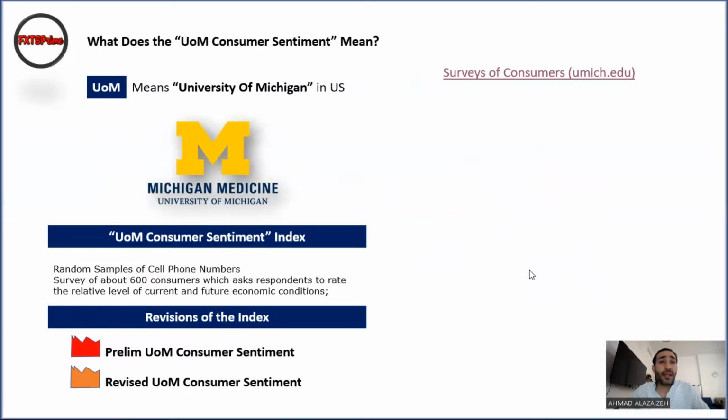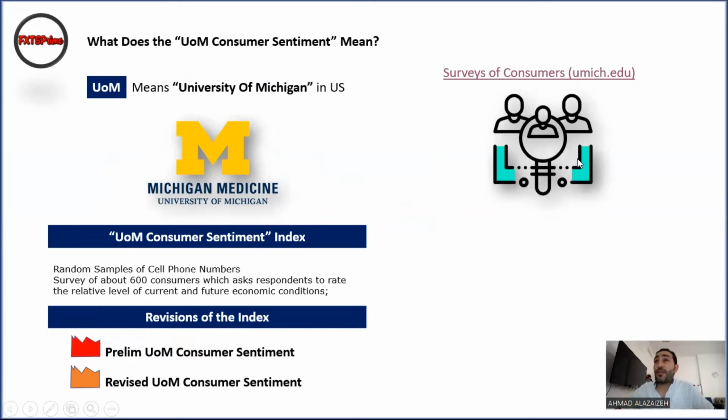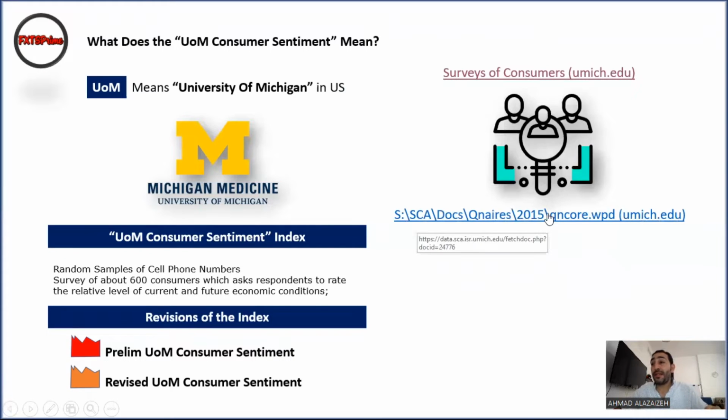Now, coming back to this survey, we understood that this index is a survey of consumers, and they are asked about the business condition and the situation for them and their family. So let's look now at what this survey looks like and what questions they ask consumers over the phone.